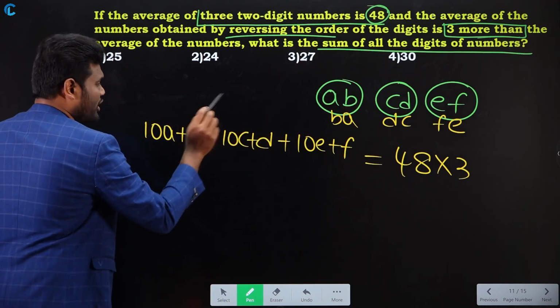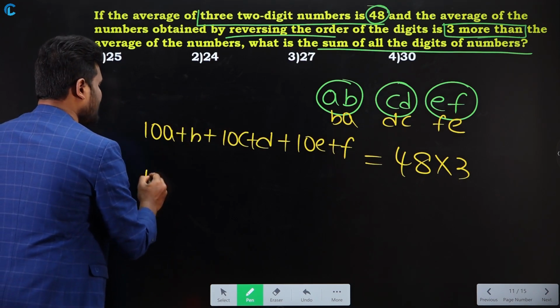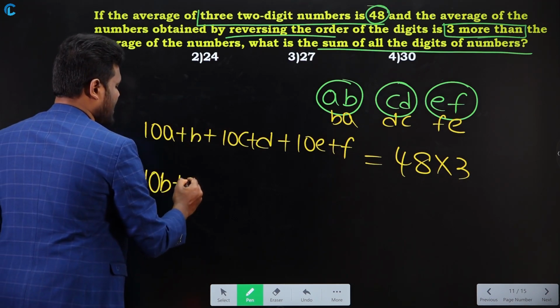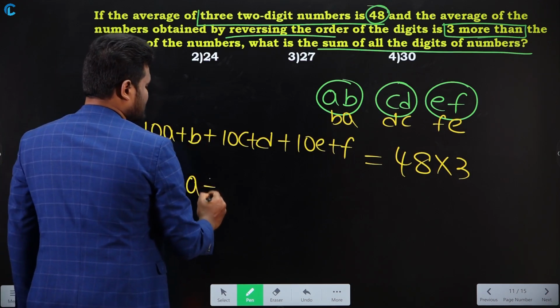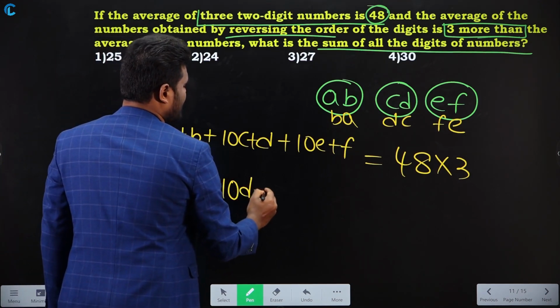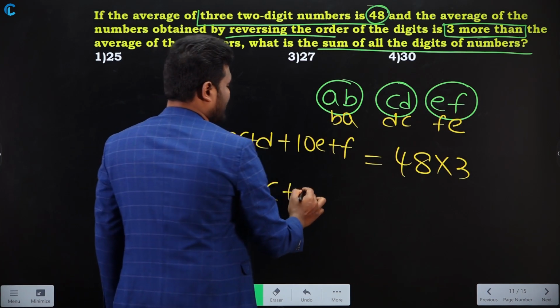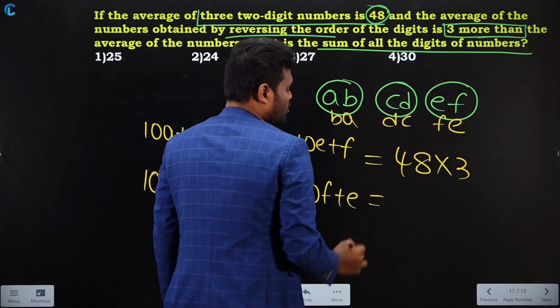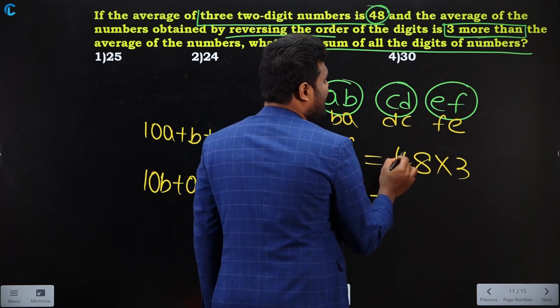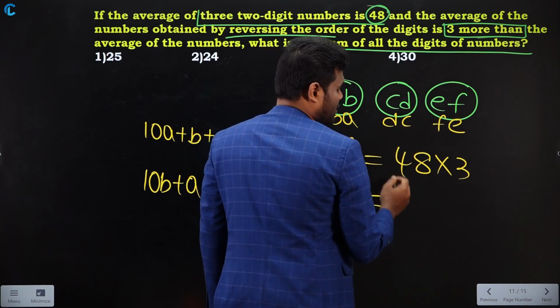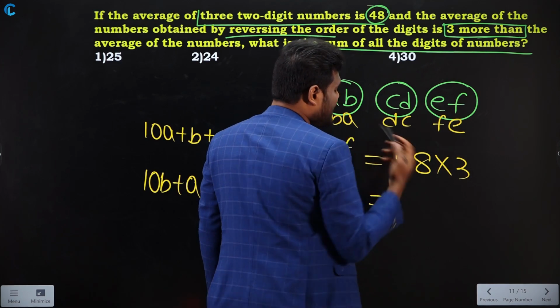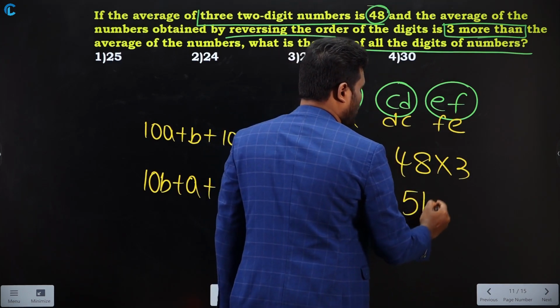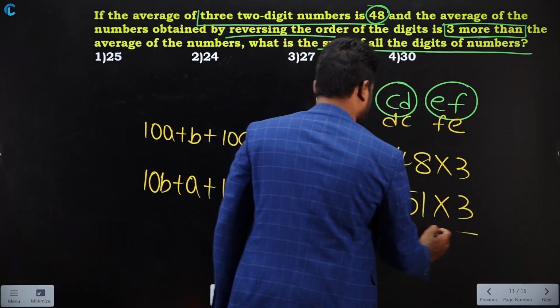Now look here, it is going to be 10B plus A, similarly 10D plus C, plus 10F plus E, is equal to, now 3 more means the initial average is 48, so 3 more is going to be 51. 51 into 3. Yes or no?